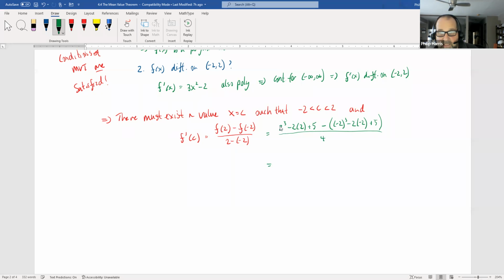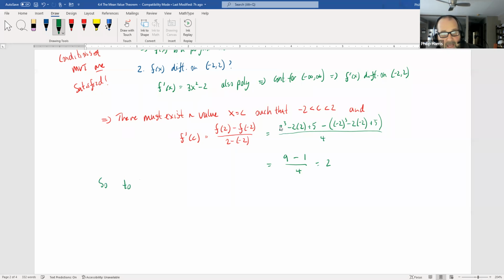So this secant slope is going to be 8 minus 4 is 4, 4 plus 5 is 9. This is -8, positive 4, so -4 plus 5 is +1, all over 4. This is 8 over 4 equals 2. So this is our secant slope.